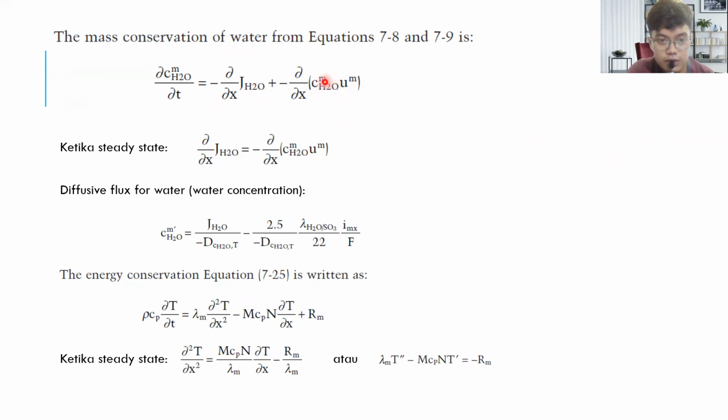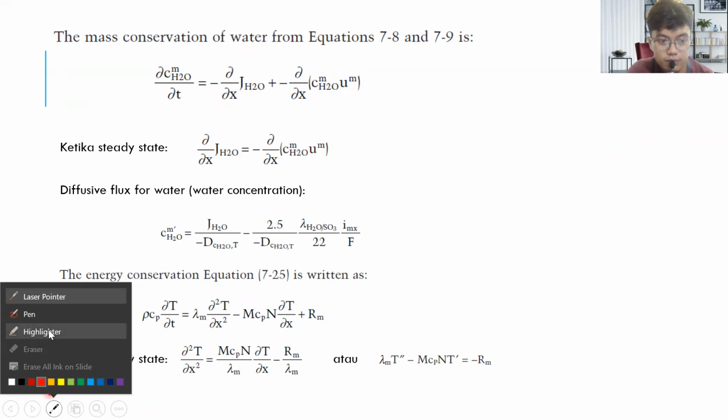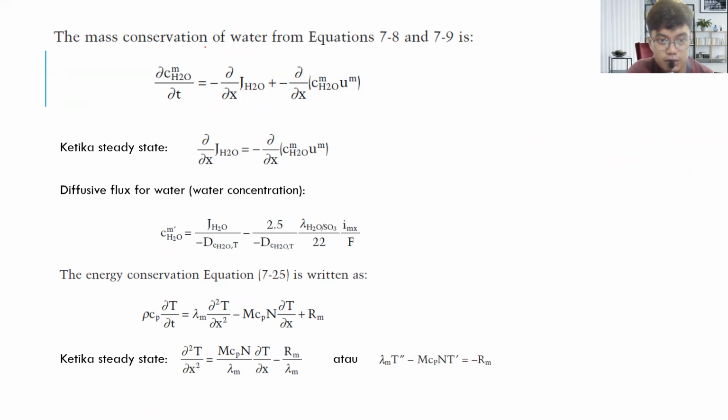Okay, when the condition is steady state, it becomes this equation below: d per dx of J of the water H2O is equal to minus d per dx of concentration multiplied by U. Okay, we know that J is the diffusive flux for water concentration.